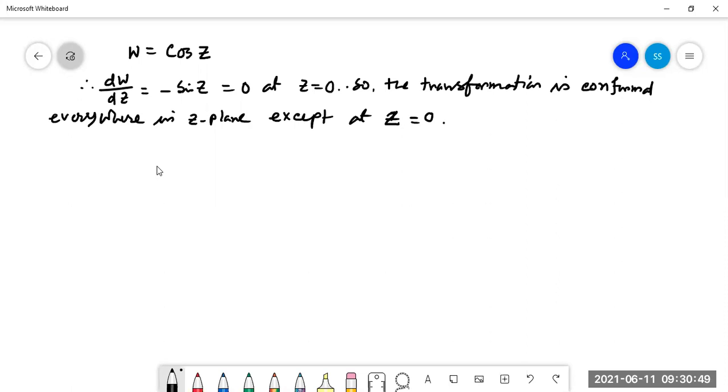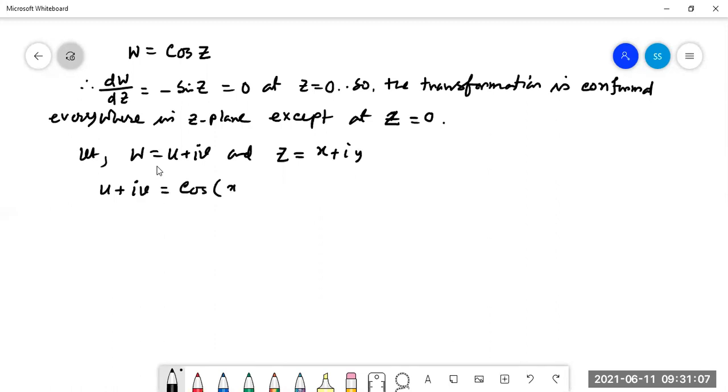So let W equal to U plus IV and Z equal to X plus IY. Then from the transformation we got U plus IV is equal to cos of X plus IY.